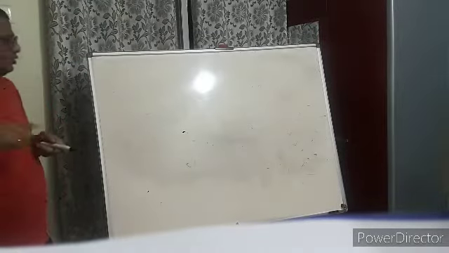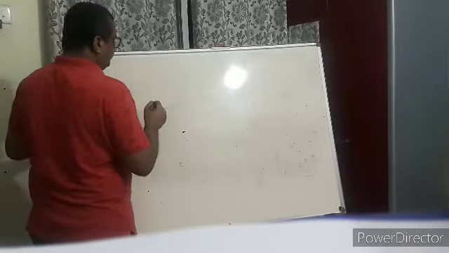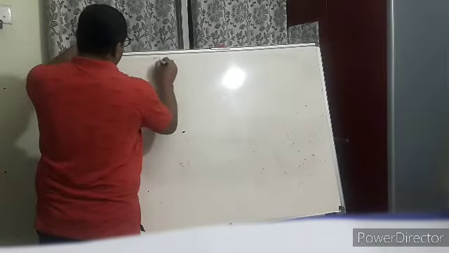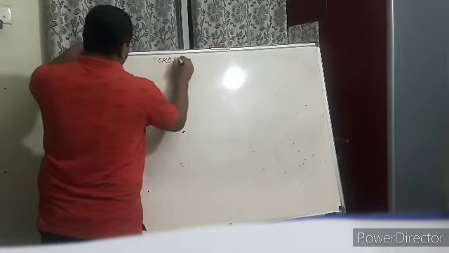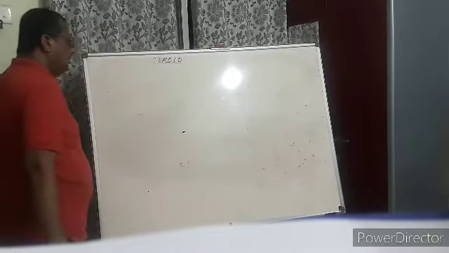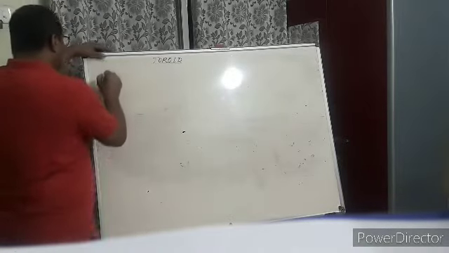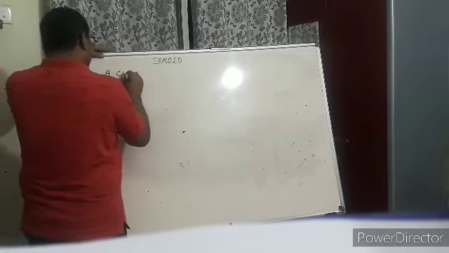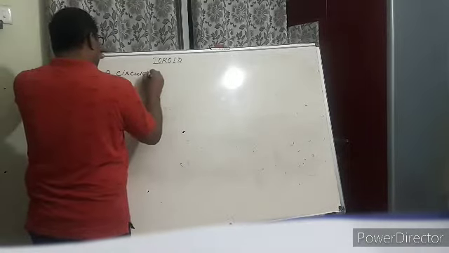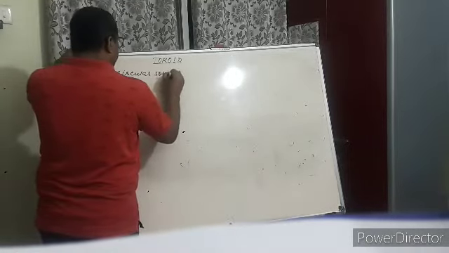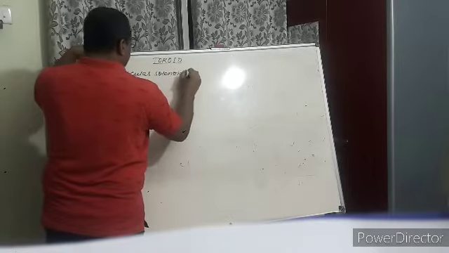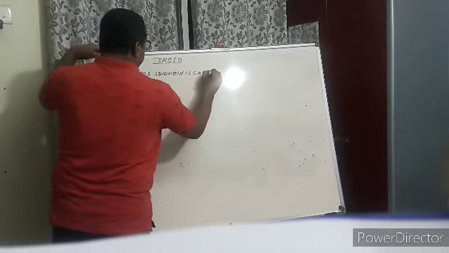Now see the toroid. A circular solenoid is called a toroid.